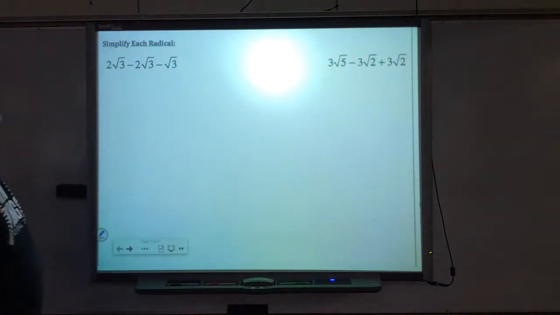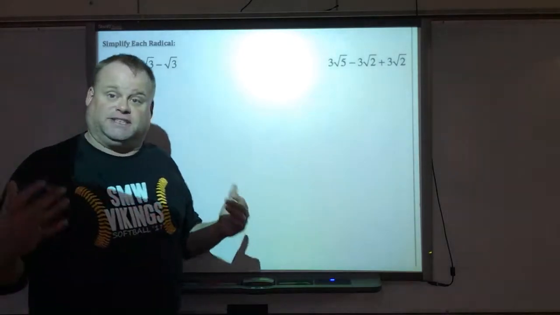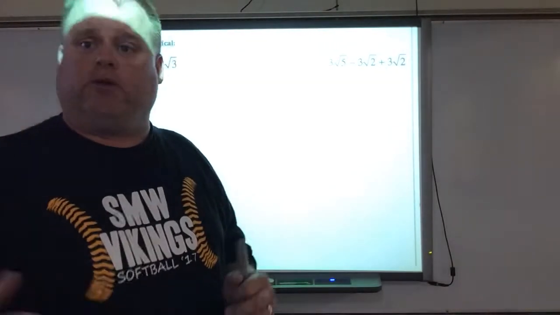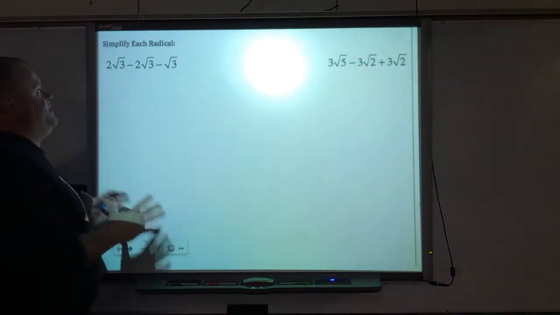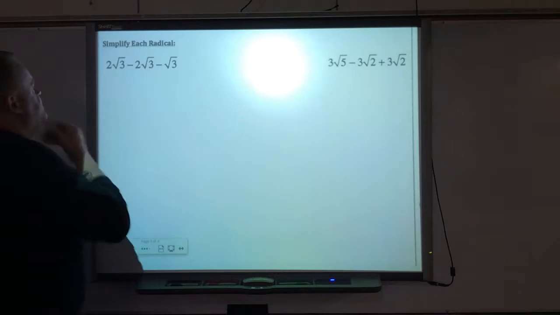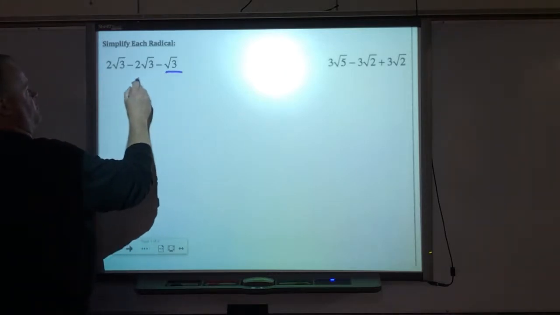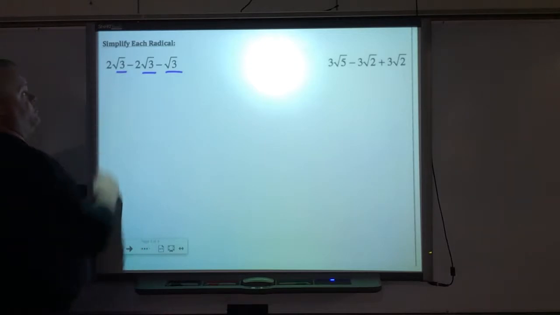All right, so let's get started. The directions say simplify each radical. So I really want to look at these and see what I can simplify down. The first thing I notice is it has a square root of 3, a square root of 3, and a square root of 3.